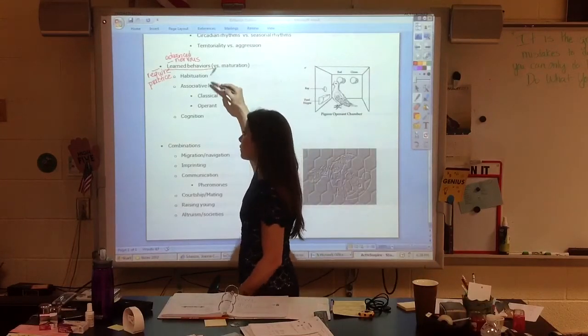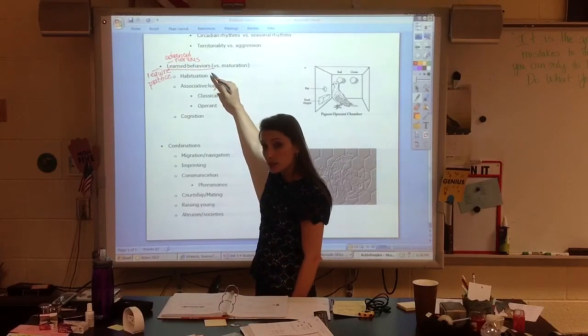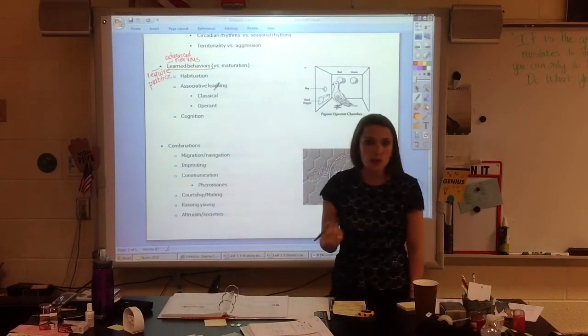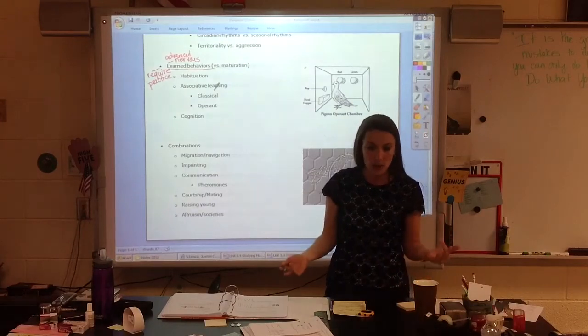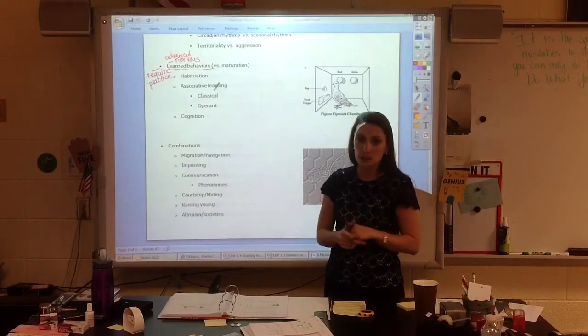Learned behaviors really fall into two categories: associative and non-associative. If you've taken psychology, you will probably have covered this much more in depth than we're going to cover right here. But we do just need to identify the difference between the two.